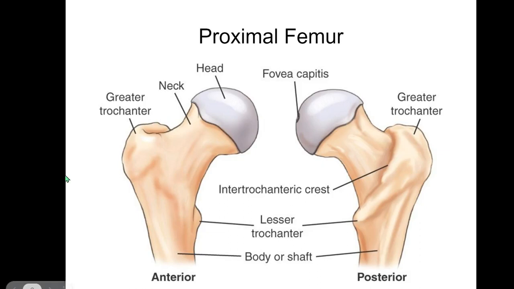The lesser trochanter is a smaller eminence that projects medially and posteriorly from the junction of the neck and the body of the femur. Now, one last thing about trochanters. Notice they're joined in the back of the femur, or posteriorly, by a ridge called the intertrochanteric crest. So this crest or ridge connects the trochanters and it's best visualized posteriorly.